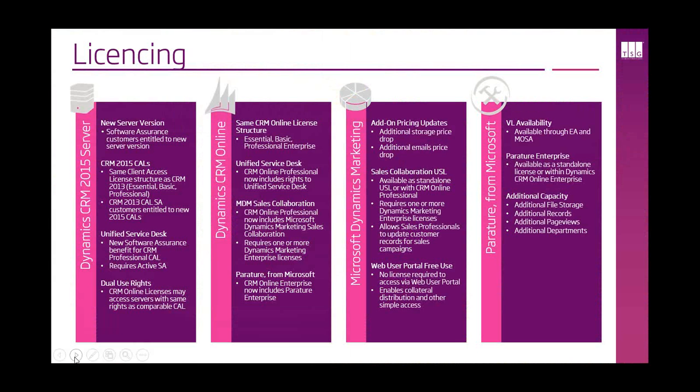Also, Unified Service Desk is now part of the professional license. So for those of you who have that license, you can now access Unified Service Desk. Parature, which is the omni-channel customer service application which Microsoft acquired a couple of years ago: if you have the enterprise license of Dynamics CRM, that will now give you access to Parature.